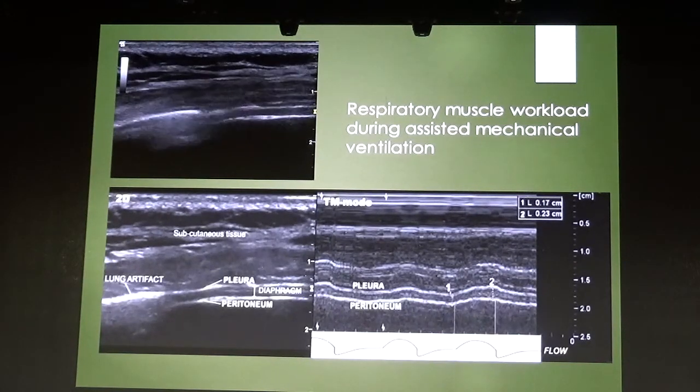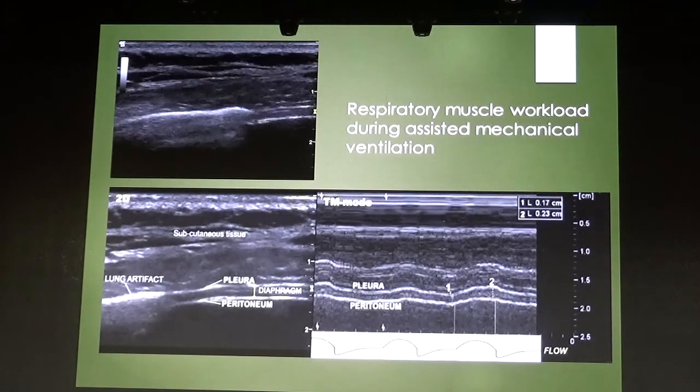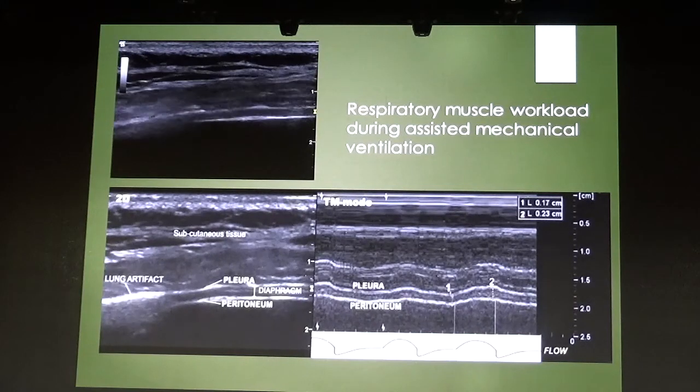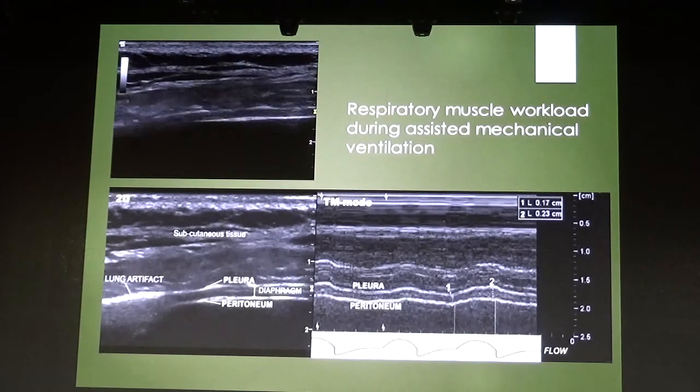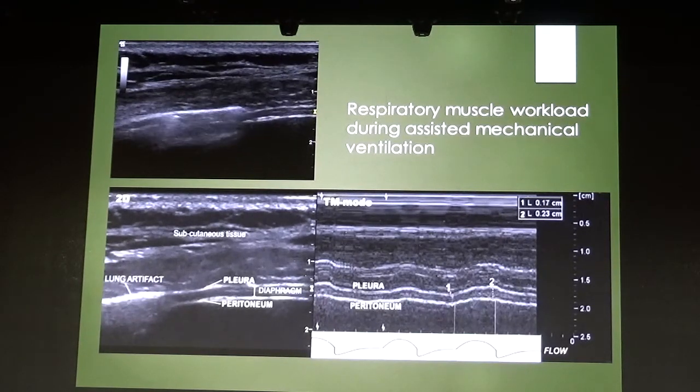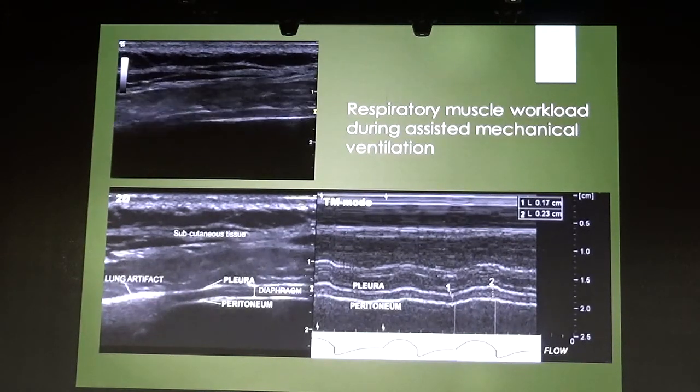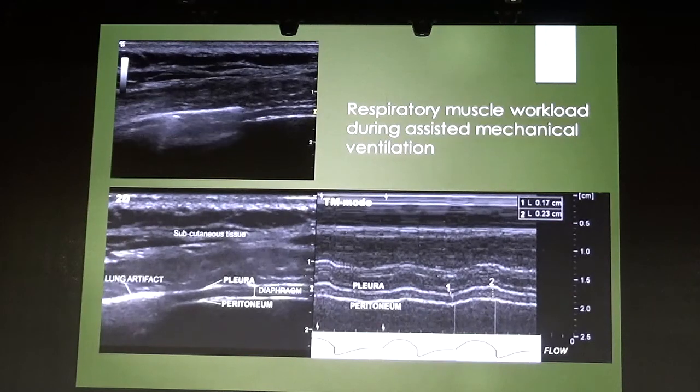So at the base of the lung, you can see in the video, there is the pleural artifact that comes on the right during inspiration, that means downward, and on the left during expiration, and you can identify these two parallel lines that are the pleura and the peritoneum here. And the dark part in between the two is the muscular part, therefore it is the diaphragm.